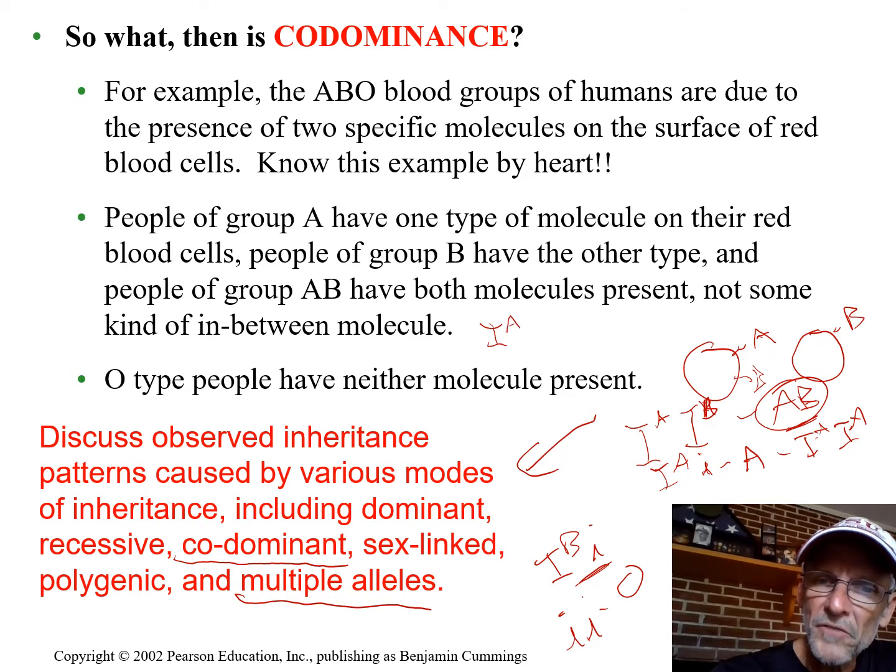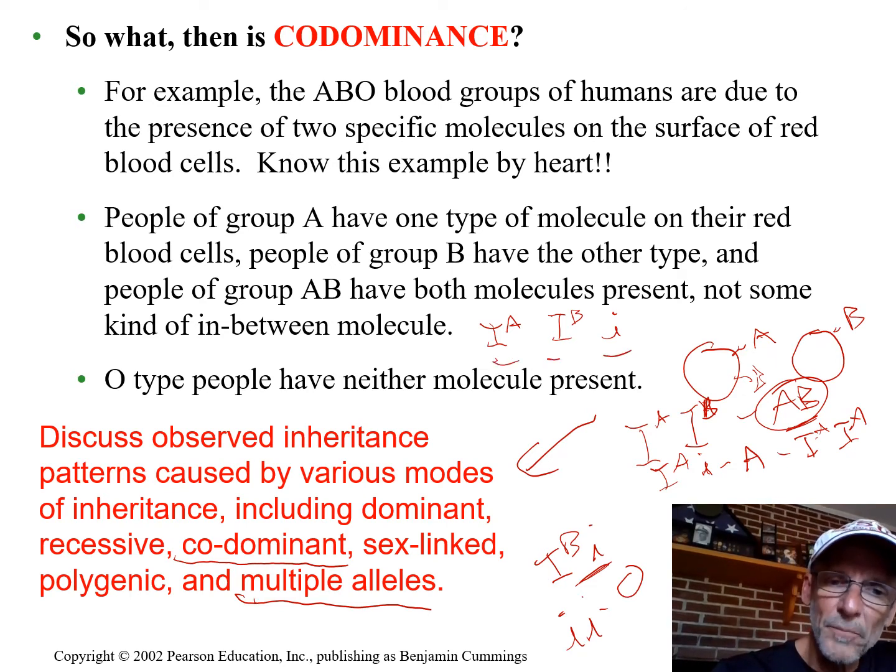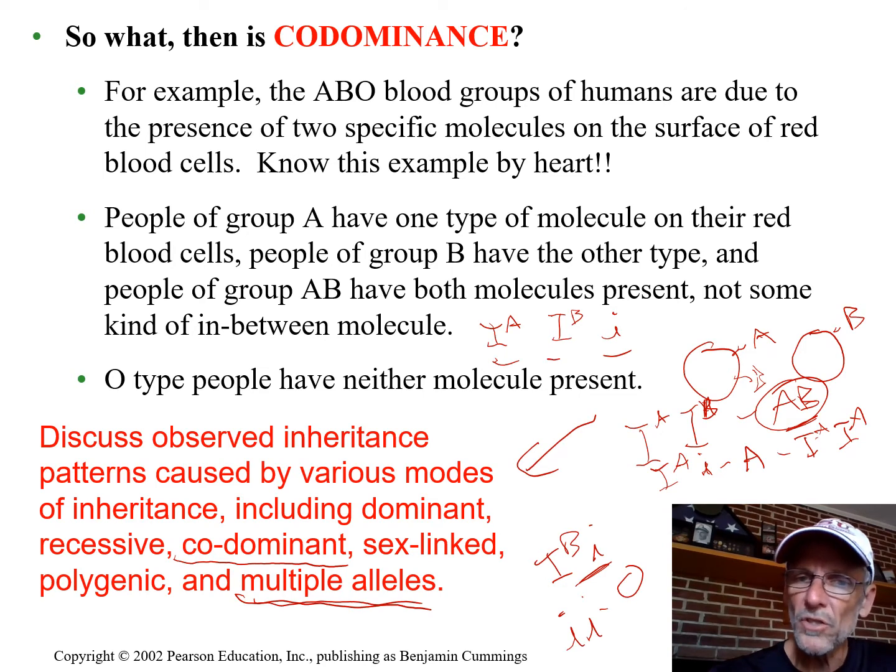What are different kinds of genes also called? Alleles. There's not just two different kinds. In this case, there's three. There's often more, right? But in this case, there's three. That's an example that's simply called multiple alleles. Alleles are different genes for the same trait, right? So far, we've only looked at traits that had two different alleles, right?